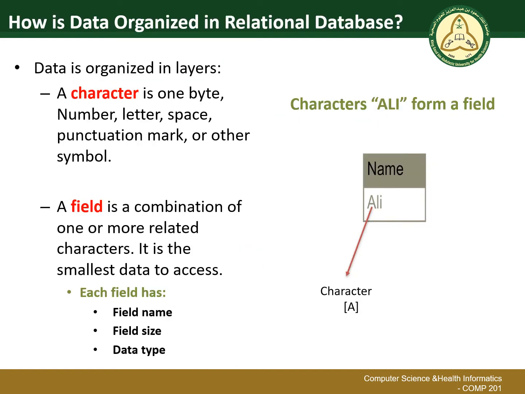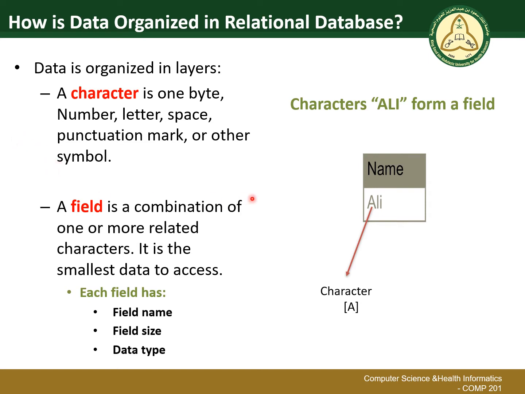How is data organized in a relational database? The data is organized in layers. First, let us start with the character. The character is 1 byte. The character can be a number, a letter, a space, a punctuation mark, or a symbol.